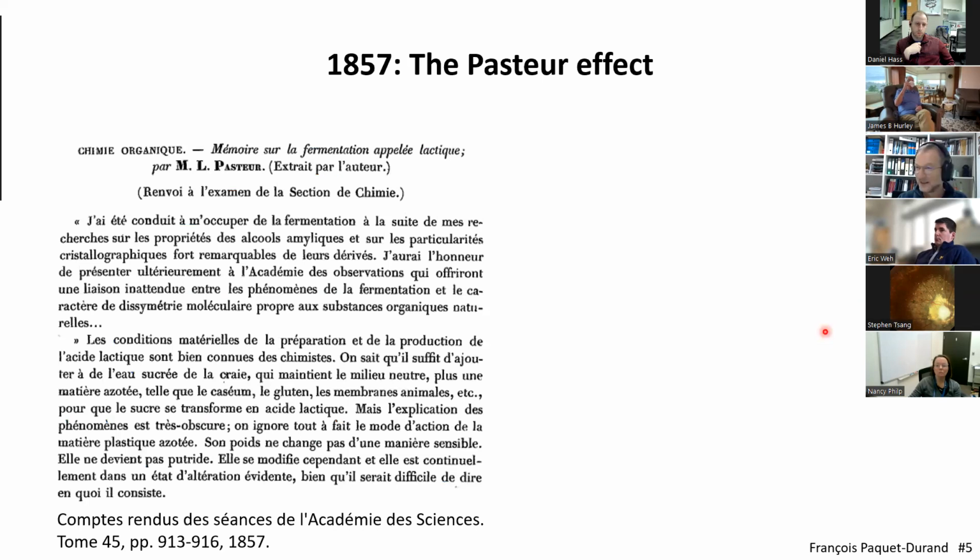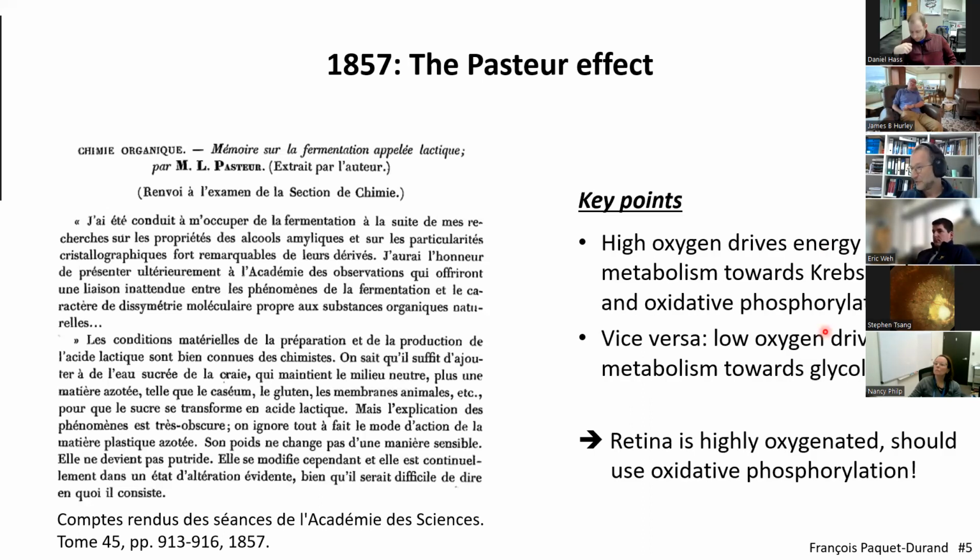The first one was discovered around 1857 by Louis Pasteur, famous French scientist. He was contracted by the French winemaking industry, who wanted to make alcohol production more efficient. And he studied this, and he actually came up with a very satisfying solution for them.